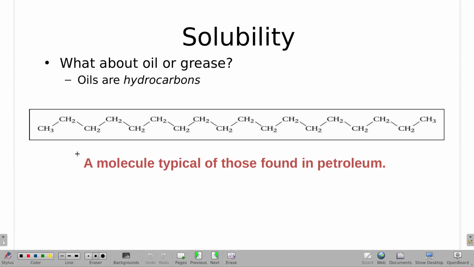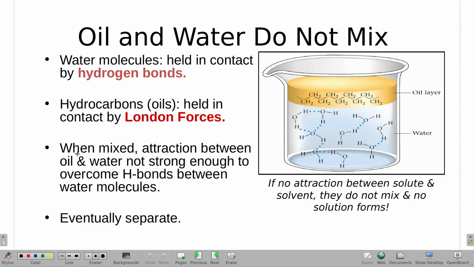That's getting to be enough carbons it could end up as asphalt. But if you were to mix that with water, you get that separation. The long nonpolar molecules would separate totally from the water, and you'd get the oil and water not mixing. Obviously, we could shake it up, but as soon as you stop shaking it, they would separate back out.